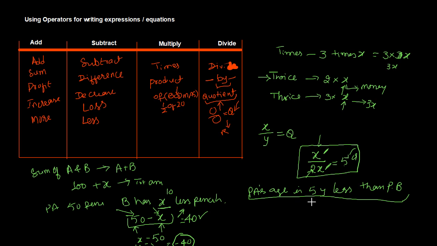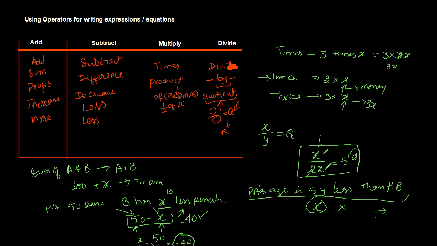We don't know both the ages, but there is a condition which is given as 5 years less. A's age is 5 years less than B. So if I consider person A's age as X, then I don't have any condition to write for B. So that means this is not going to work.